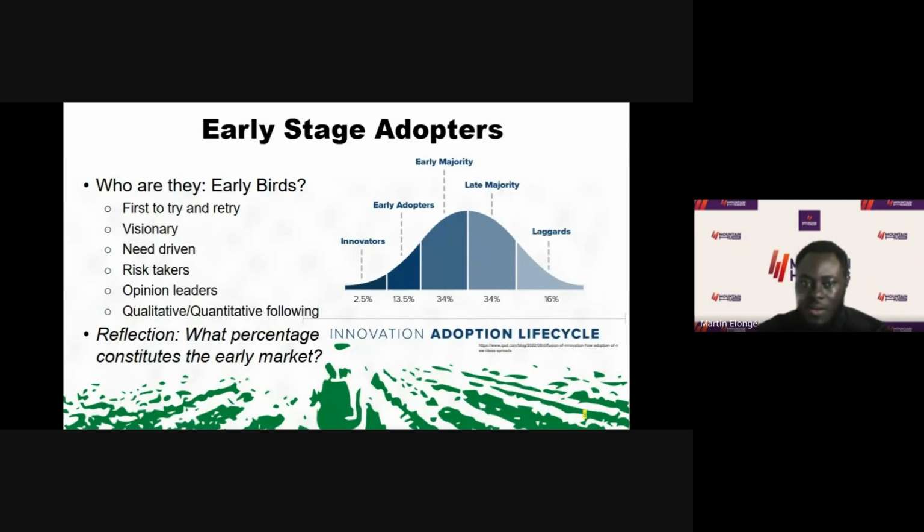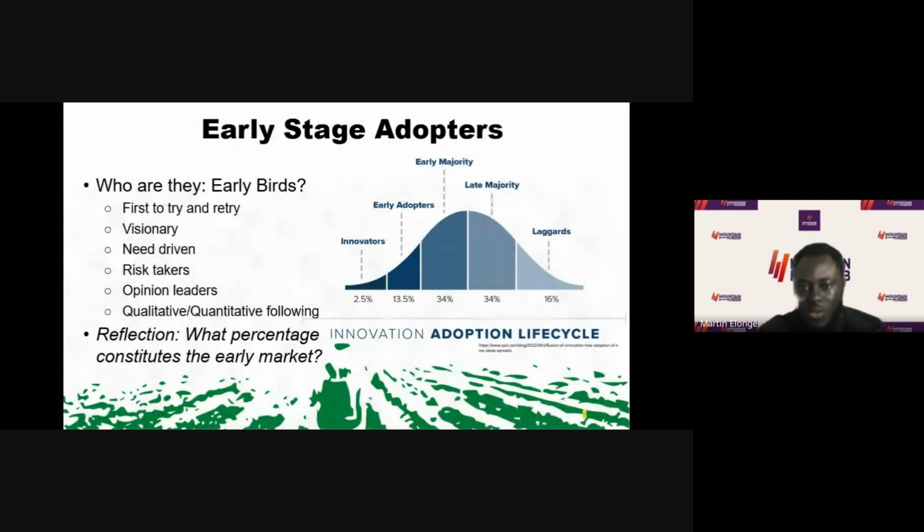These descriptions of early adopters are very dynamic. In different spheres, they would have relatively different implications. So these are who these people are. They are all of these things and more. And when we look at this graph to my right, it talks about the innovation adoption cycle.